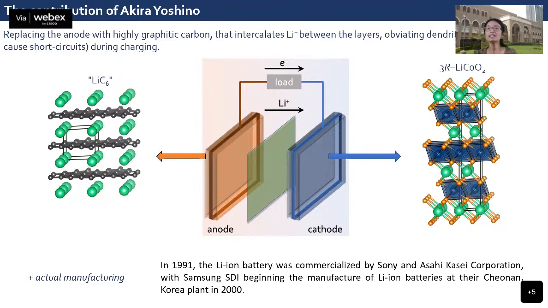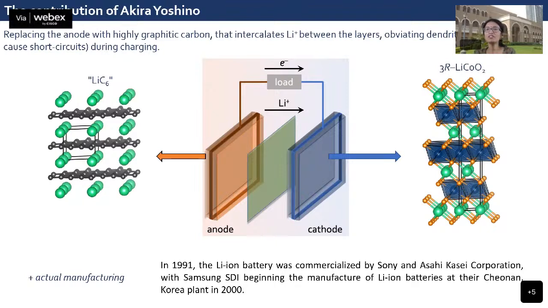Lithium metal whisker formation was leading to the explosion in these batteries, and it was leading to a lot of instability. What he did was keep the cathode as lithium cobalt oxide, but change the anode. Instead of working with a lithium metal anode, he said even graphite is able to intercalate these lithium ions.